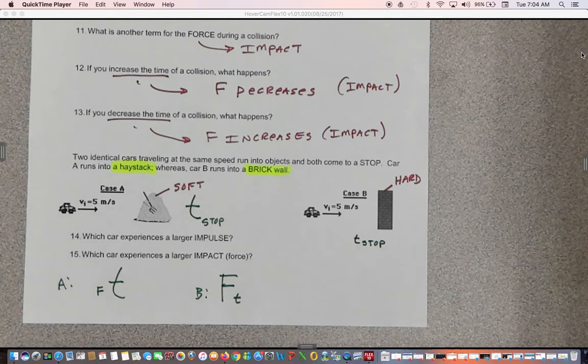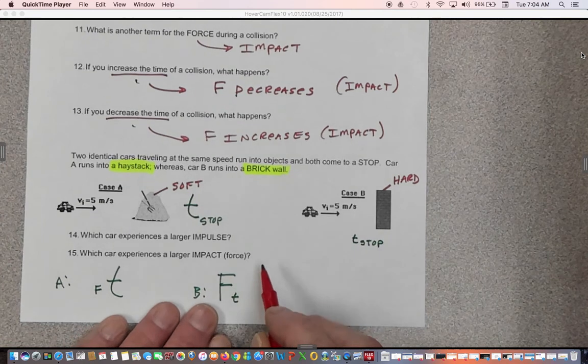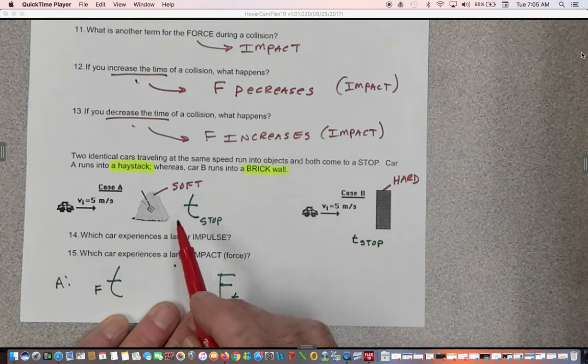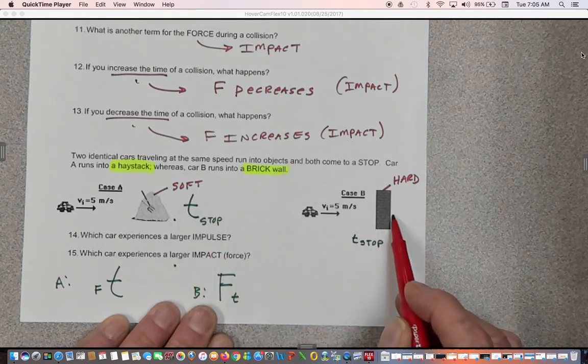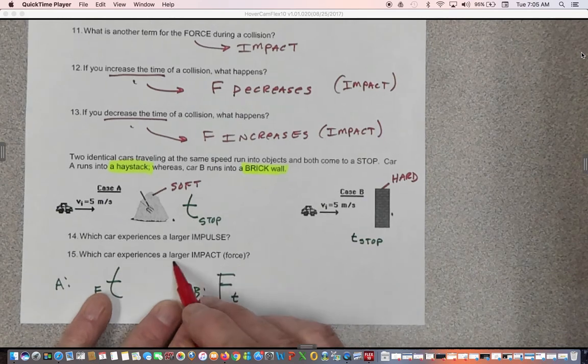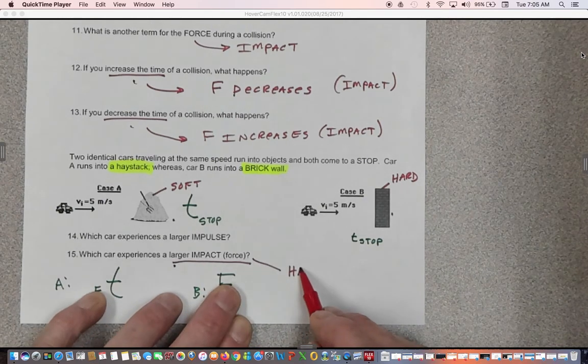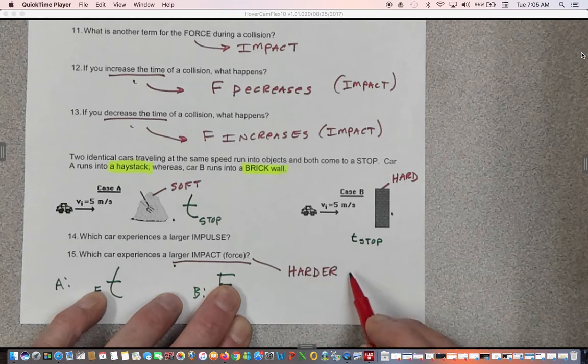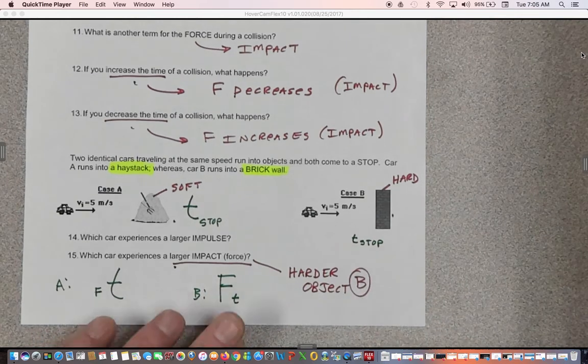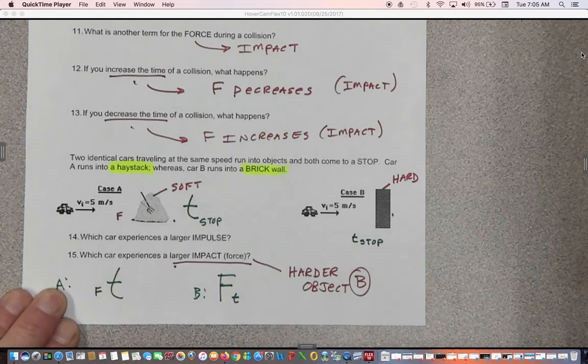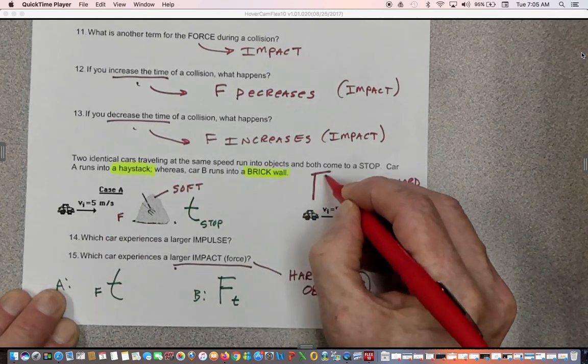So soft objects have small forces, hard objects have big forces. So whoever has the larger impact force is the harder object, which is B. That should make sense. So go by the object. Hay is soft, so small force. Brick walls are hard, so big force.